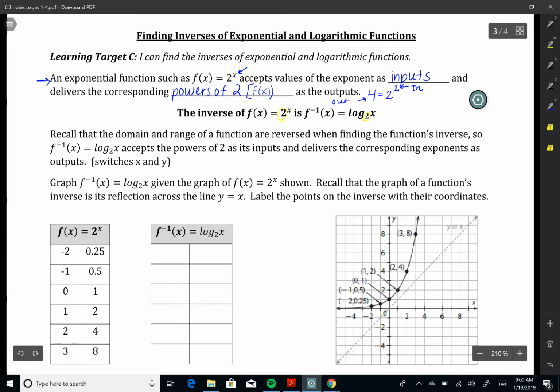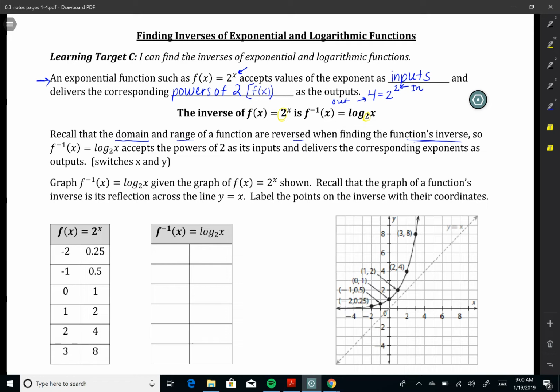Now, recall that the domain and range of a function are reversed. I just want to underline that: domain and range are reversed when finding the inverse. So they switch. F inverse of x equals log base 2 of x accepts the powers of 2 as its inputs and delivers the corresponding exponents as its outputs.